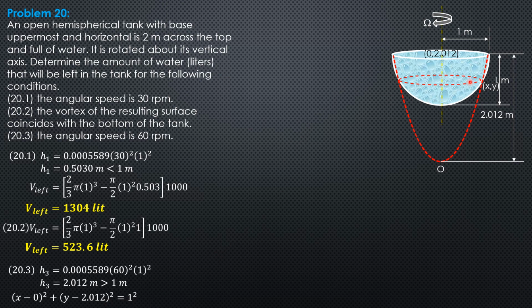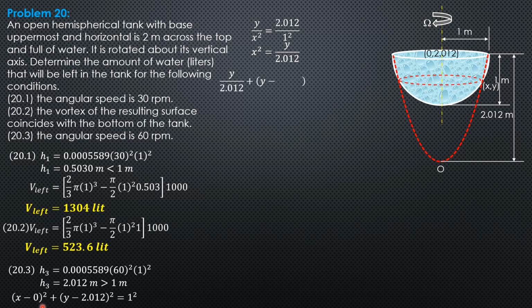While for the parabola by squared property, y is to x square equals 2.012 is to 1 square. So therefore, x square is y over 2.012. Then let's substitute that into this equation here for x square.